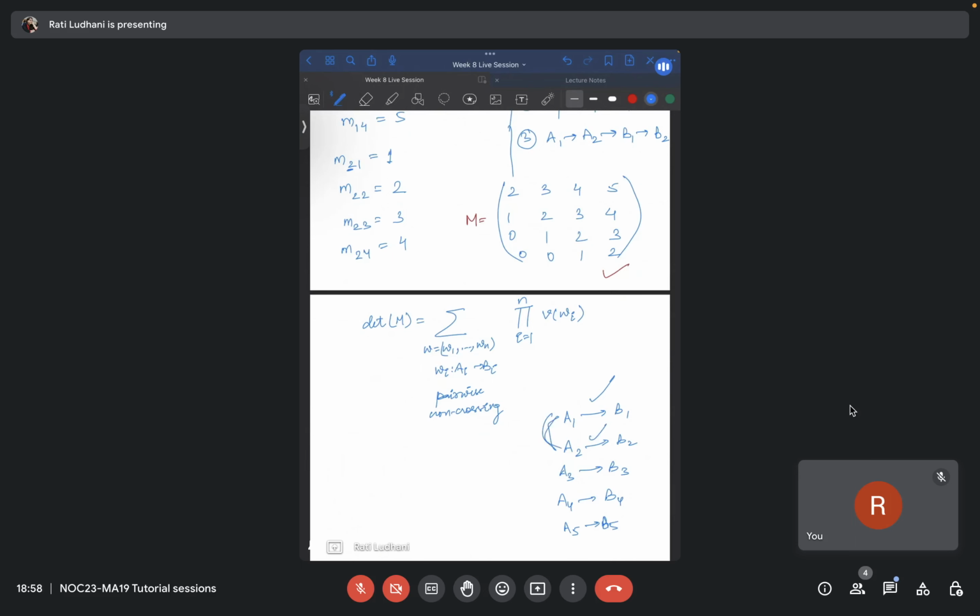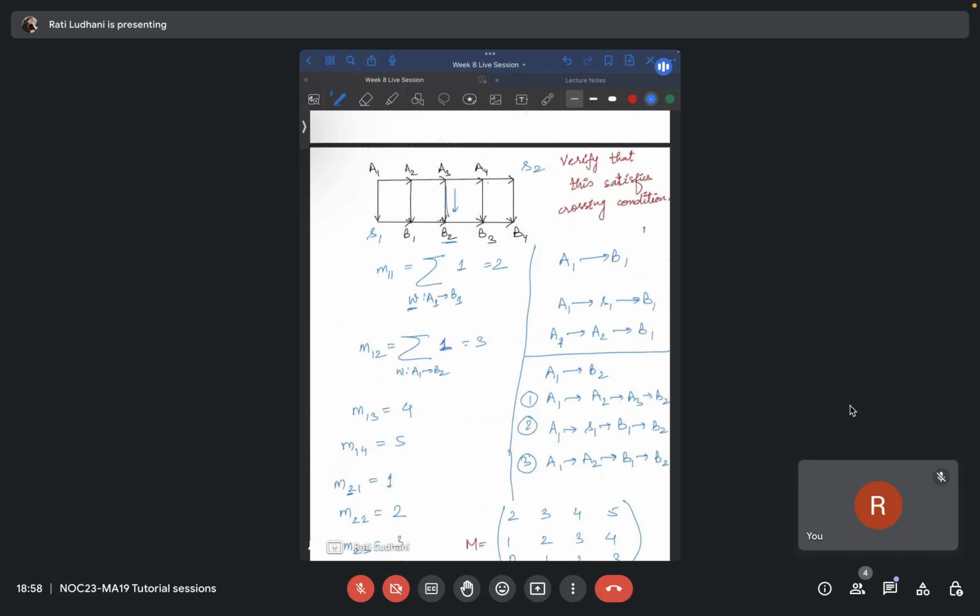You have to consider all the paths which satisfy this condition. I don't need to go till 5, it is just 4. And similarly, this should not happen with this, should not happen with this. So all of these should be non-crossing. Whatever path you consider for A1 to B1, it should not cross with the path you are considering for A2 to B2, and it should not cross with the path for A3 to B3, for pairwise non-crossing.